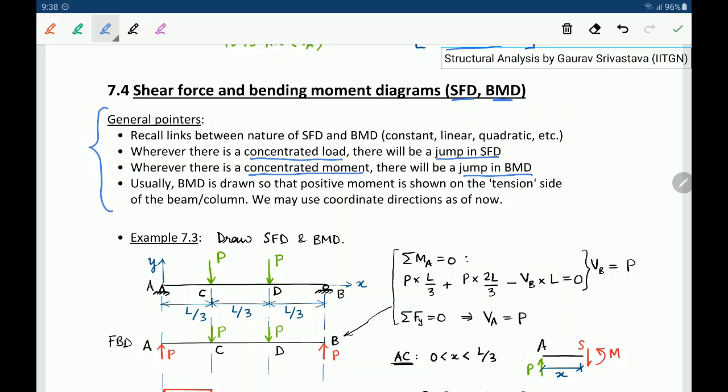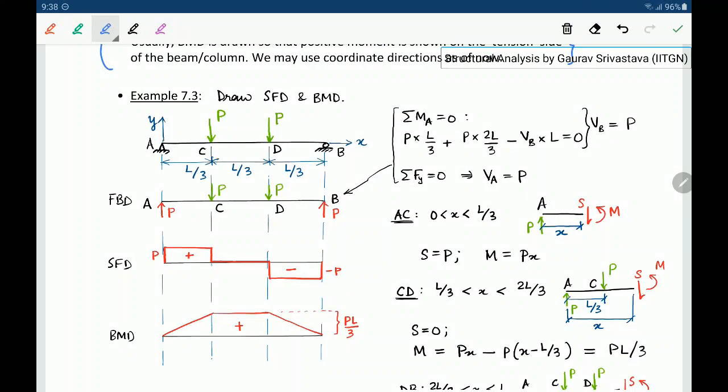There is also a convention that positive moment is shown on the tension side of a beam or column, but we may skip this for now. We will use the coordinate directions as we have been using. Let's say this is a given beam where we have to draw the shear force and bending moment diagrams. Again, the first step will be to draw the free body diagram and find the support reactions.